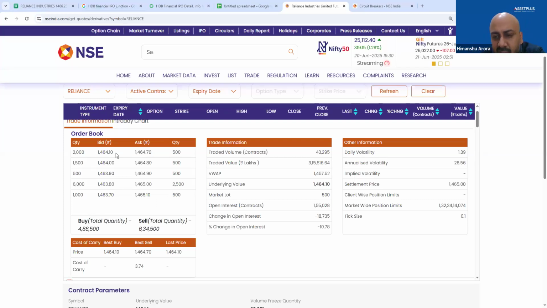This ask minus bid, which is spread, divided by bid price, is called the impact cost. So basically, we need to keep the impact cost lower while trading. So what is impact cost? You wanted to buy something at 100 rupees, while जब आपने order place किया तो वो आया आपके पास 100 rupees 10 पैसे का. This 10 paisa is your impact cost.